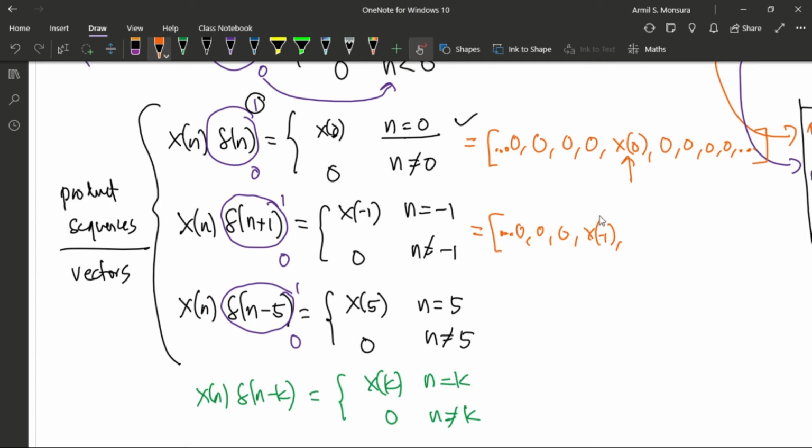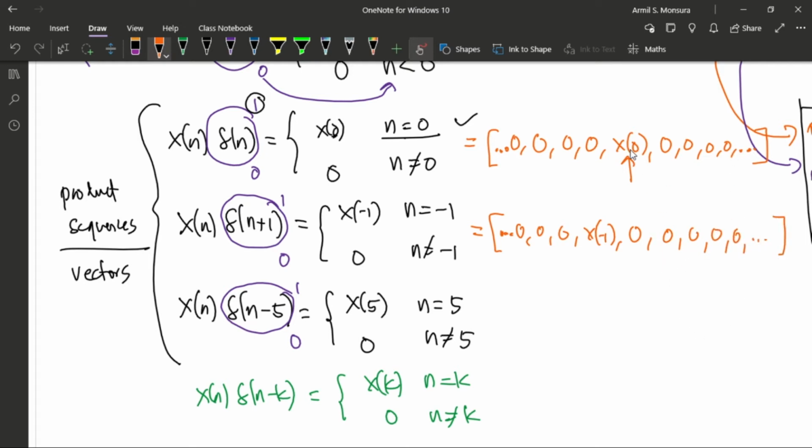So, itatapat natin siya doon para may sense tong mga vectors natin. Since when the time index of your signal is at negative 1, then magkakaroon siya ng value na x of negative 1. Tapos dito, the rest of the values, 0 siya.